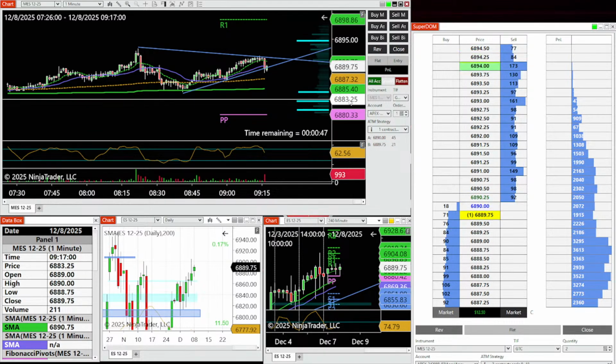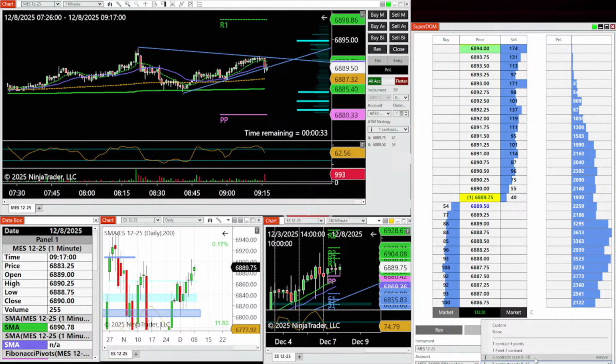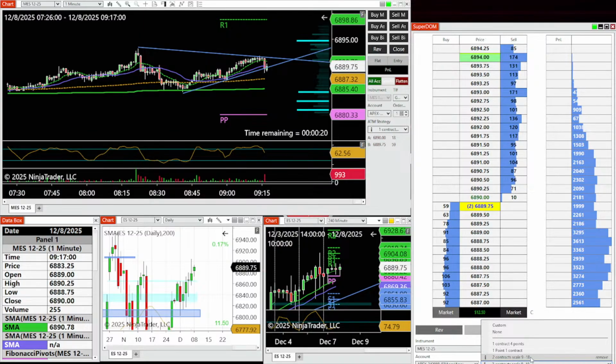So my strategy today is 2 contracts on the micros. One exit at 9 ticks and the next exit at 18 ticks. So 2 points and a tick, and 4 points and a tick. Actually 4 points and 2 ticks, that's 18.